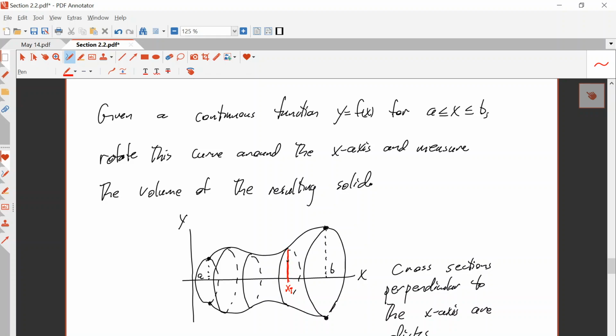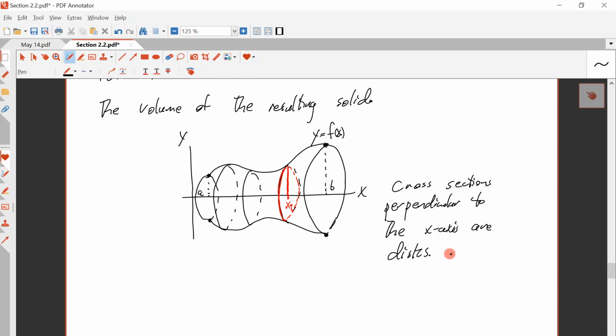What's the radius of that disk? Well, what's the curve there? The radius is the distance from here to here. This is the curve, I didn't label it, y equals f of x. So this radius is just f of xi.